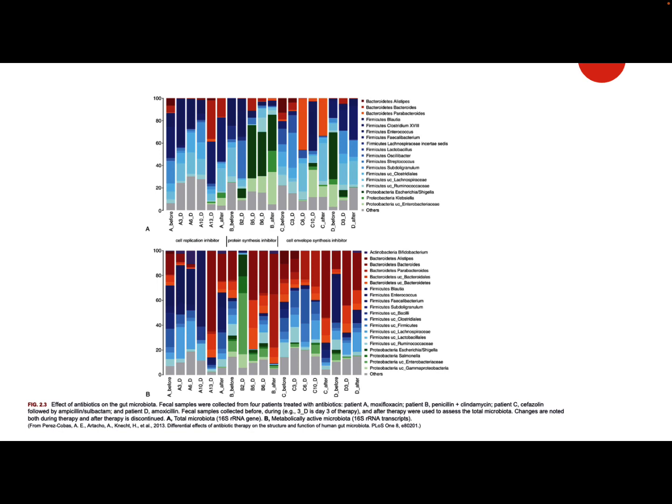And so you can see in some of the patients, patient A is the one that kind of recovered the best, I guess, though you still do have some enrichment of these E. coli and Klebsiella, but your microbiome can change, and it will change when you prescribe antibiotics. And so that can be a major problem, or it could be not.